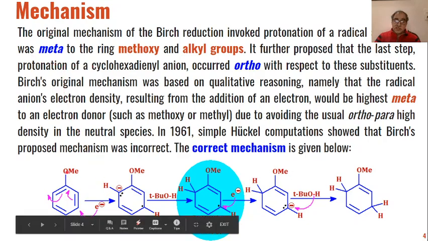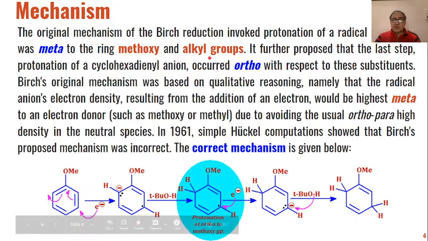So this is our methoxy group, either this is meta or this is meta. So the radical anion will be formed at the meta position to the methoxy or alkyl group.